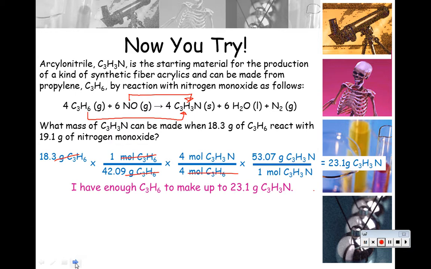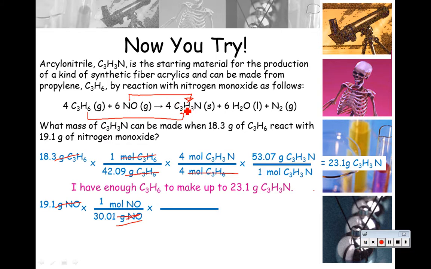So when you work this out, you're starting out with 19.1 grams of NO. You're going from grams to moles to convert the NO into moles. Your grams of NO cancels out, and you're left with moles of NO. I'm still looking for the same amount of product.